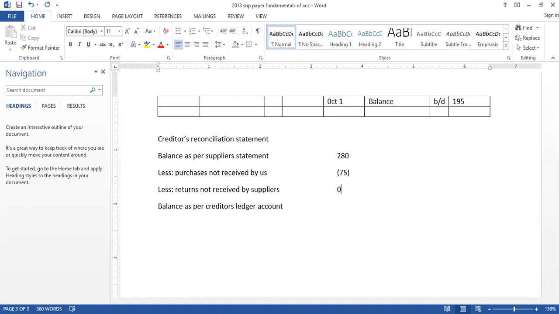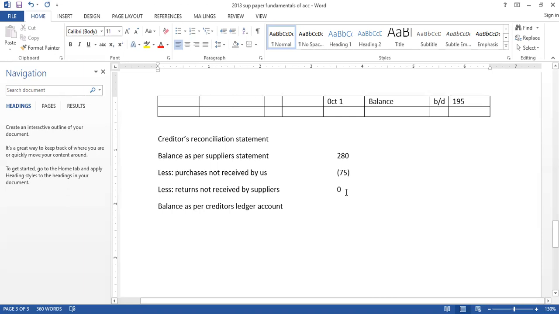It's only that we, the business, made a mistake, and we corrected our mistake already in our creditors ledger account. Our suppliers recorded a correct amount. They received the returns that we made, and they recorded a correct amount. We are the ones that recorded a wrong amount, and we already corrected it. That's why our returns here is 0.